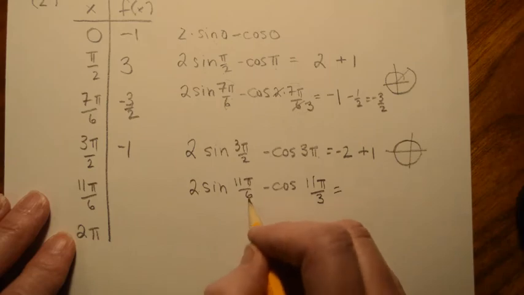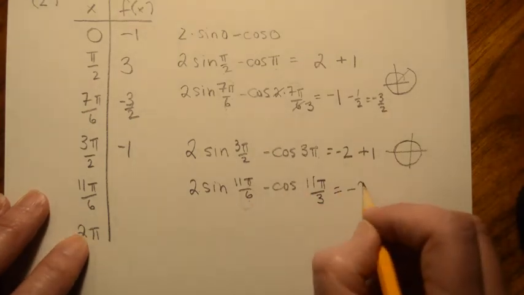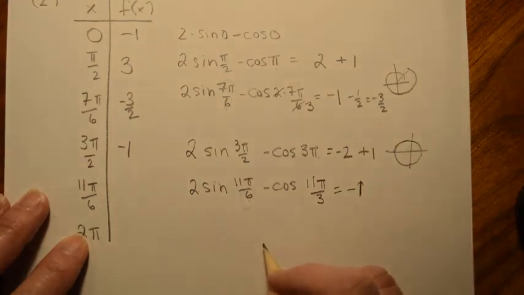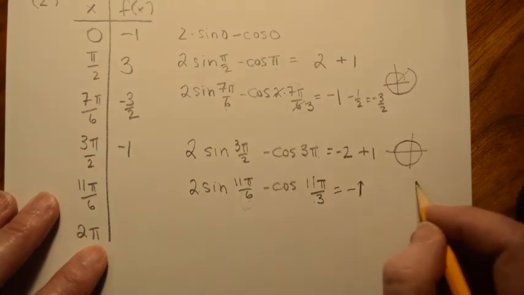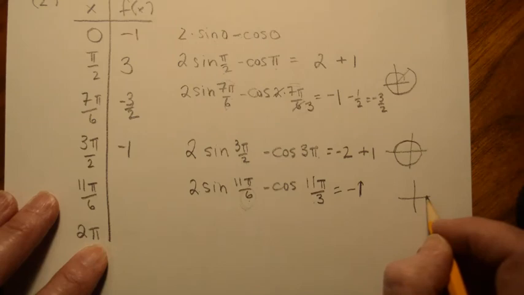Okay, this is in the fourth quadrant. We know sine of pi over 6 is 1/2, but it's in the fourth quadrant, so it's negative. So 2 times negative 1/2 is negative 1. Right, 11 pi over 3. 6 pi over 3 would be here.